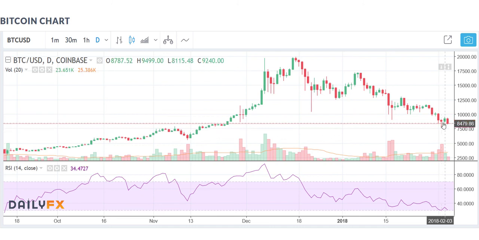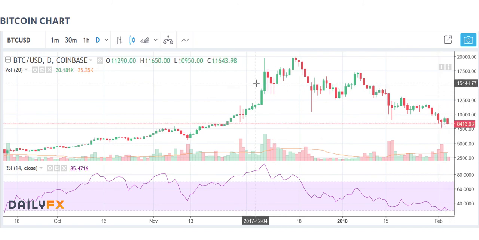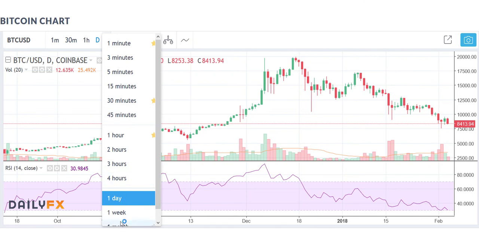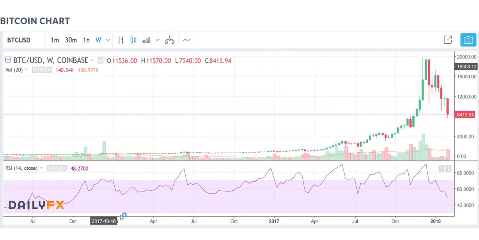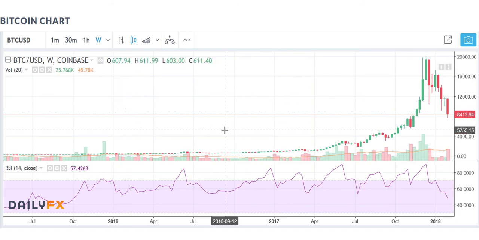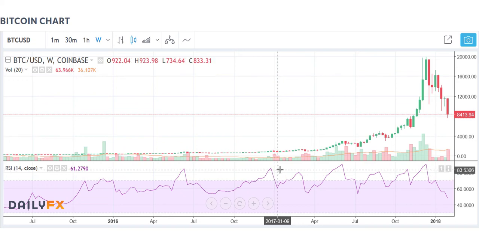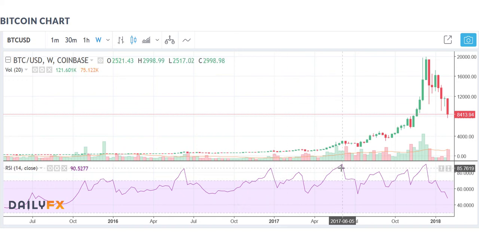So that would be the way you could use RSI. I would also say it's worth looking at things in different timescales. So if we go to weekly, we get a slightly different signal. Again, we see the RSI is going up to about 80, 85, near 90, and it falls down to about 50.